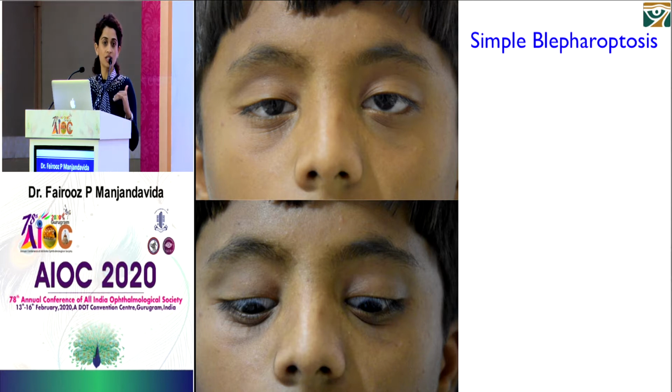So on down gaze, there is a lid lag, but this is opposite in the case of acquired ptosis. And why does this happen? LPS is embryologically poorly developed, so neither does it contract, nor does it relax. It doesn't pull the eyelid up, nor does it allow the eyelid to come down. And this is very classical of a congenital simple blepharoptosis, okay?